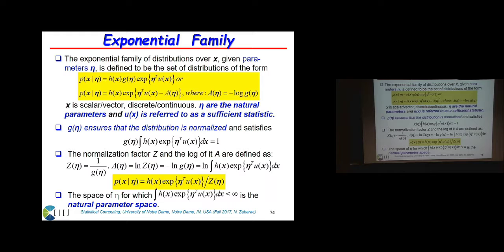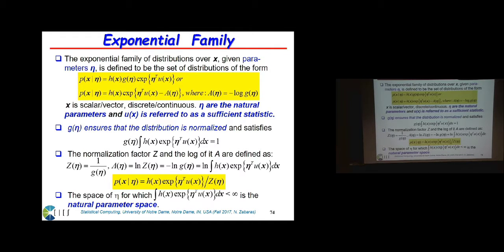And how do you do this? By defining this function of theta as minus log of g. Now, you can also write this with the normalization factor explicitly given, as you see in the equation on the bottom, and this normalization factor is basically 1 over g.